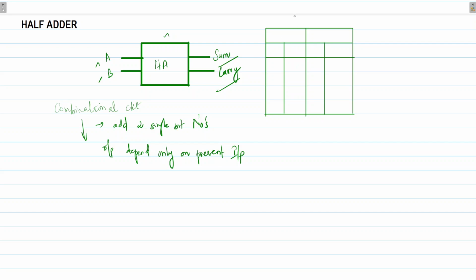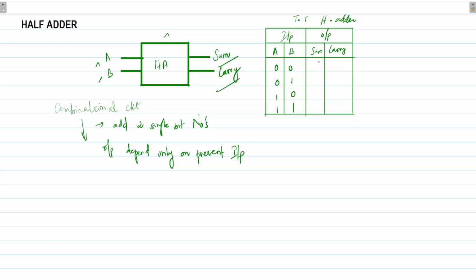So let's discuss the truth table of this half adder. Let it be input and here it is output. So what are the inputs? A and B. The output will be sum and carry. So both are single bit numbers. We know the combinations 0 0, 0 1, 1 0, 1 1.